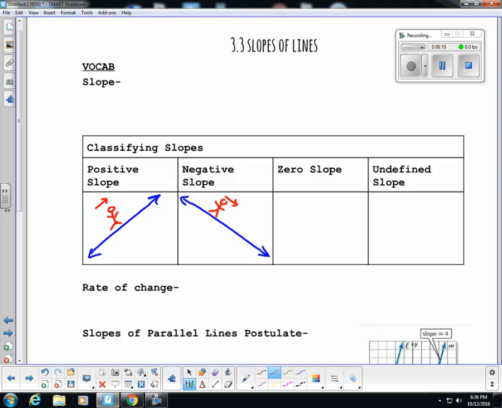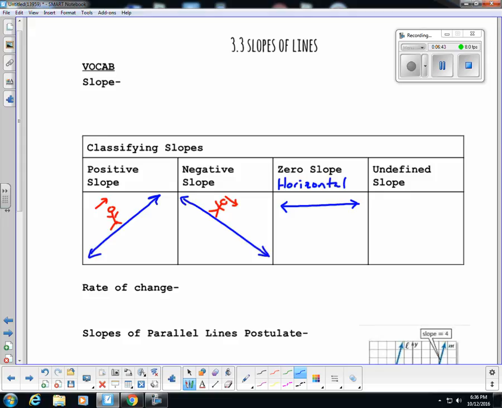Zero sloping lines. Here's where we get some special cases. You have zero slope if you're horizontal. Horizontal lines have zero slope. When you go to calculate the slope, which we're going to talk about in a second, you have this ratio.